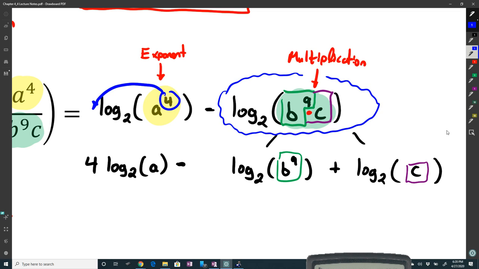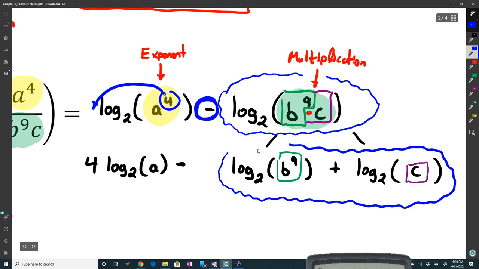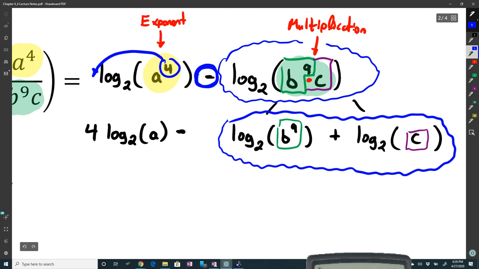This minus sign affects the entire log. So once you split it up, the minus sign still needs to affect the entire log. And we achieve that by putting parentheses. So you're going to put parentheses here and a parentheses there. So the minus still affects the whole thing, even if you split it up.